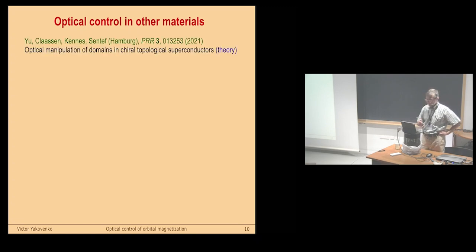But let me move to my second to last slide. Two more slides and I will be done. Very briefly, how optical control may work in other materials. This is a theoretical paper; apparently there was an earlier paper in Nature, which I should check. This is a theoretical proposal to use the same idea, circularly polarized light, to control time reversal breaking superconductivity. There are materials where superconductivity breaks time reversal symmetry.